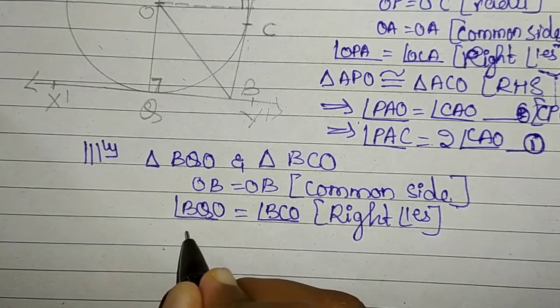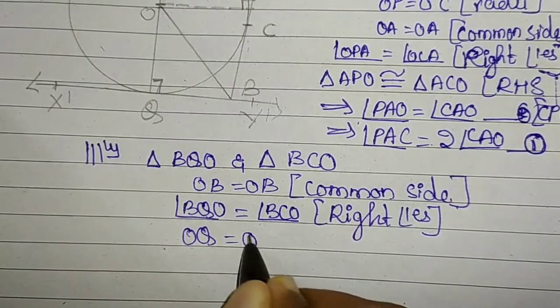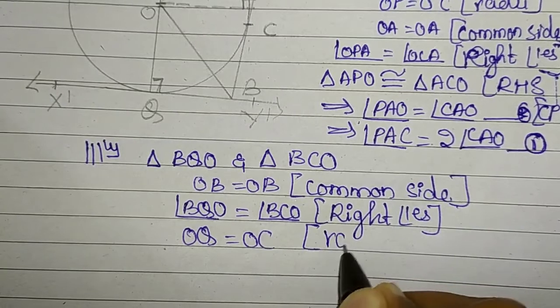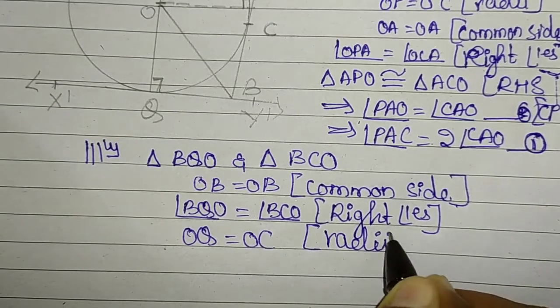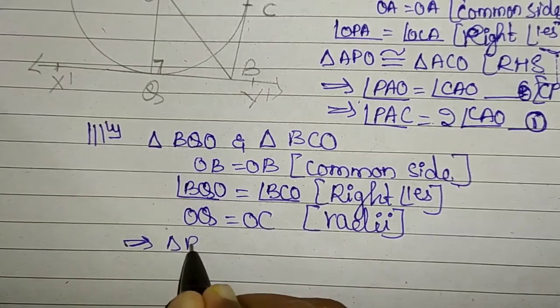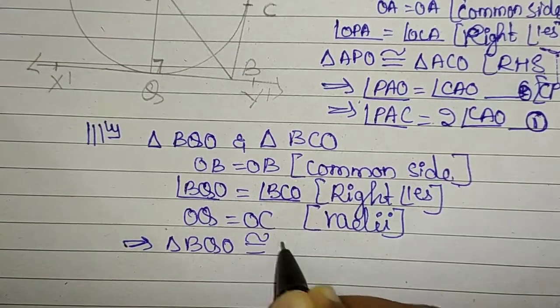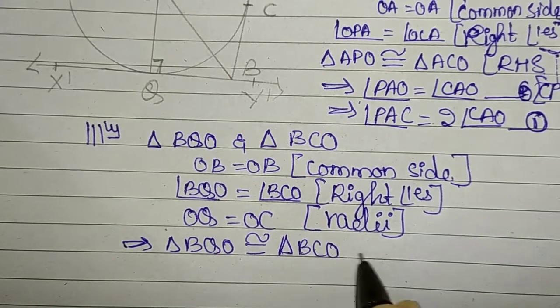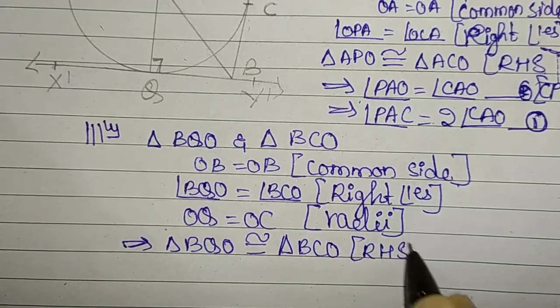And lastly, OQ is equal to OC because they are radii of the circle. So this implies triangle BQO is congruent to triangle BCO by RHS rule.